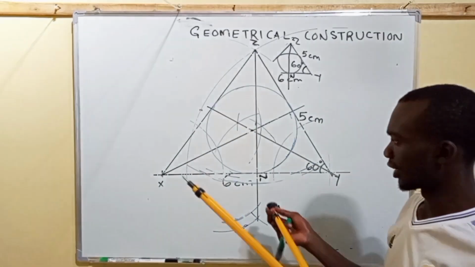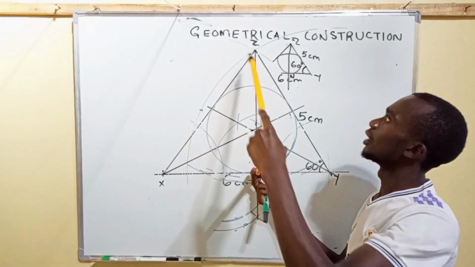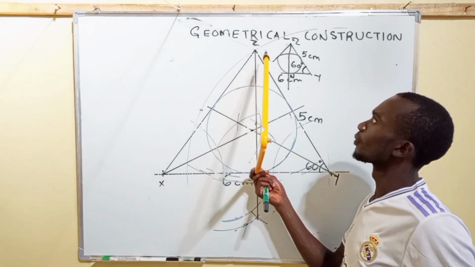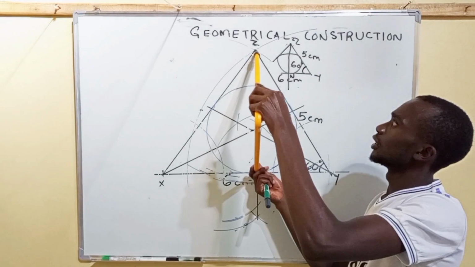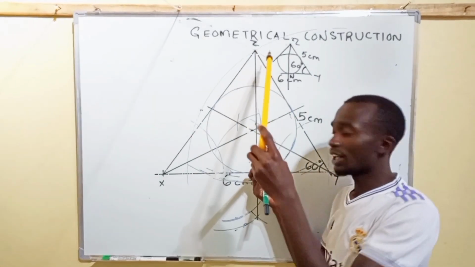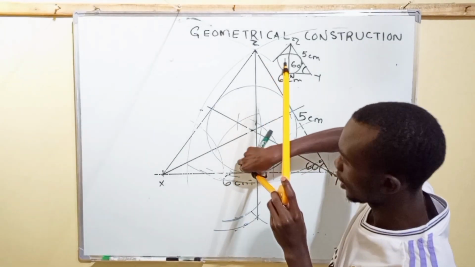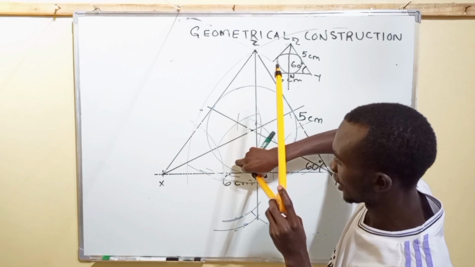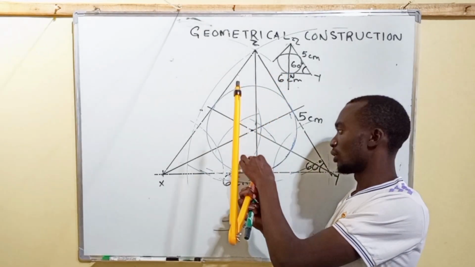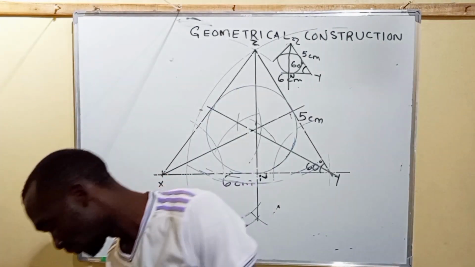I place my divider at this particular point N, then I extend it out to Z. So this is length ZN. Now the length ZN, I place it on the ruler to find the actual length, because you cannot use the ruler directly to measure, we use the divider. Then we place it on the base of the ruler.